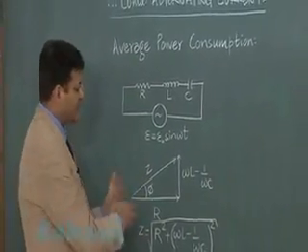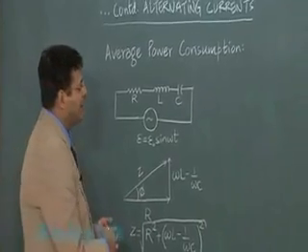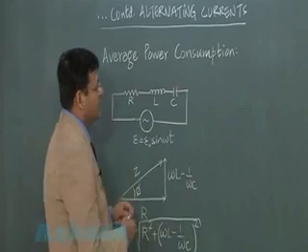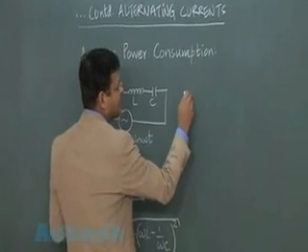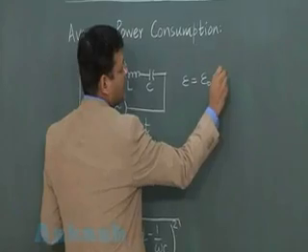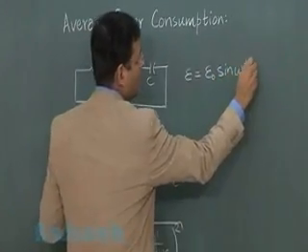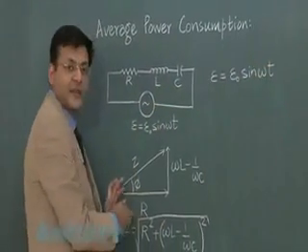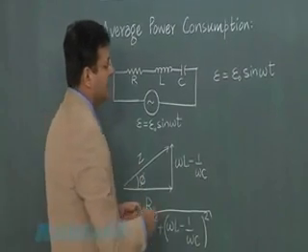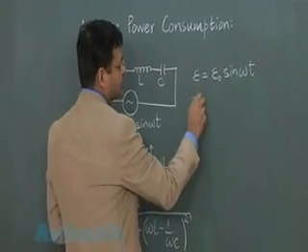Now this phase angle phi will be playing its role so long as EMF is concerned. Here you can say that EMF is E naught sin omega t, but since the total impedance is involving a phase angle that is shown here, the current will be lagging by an angle phi.